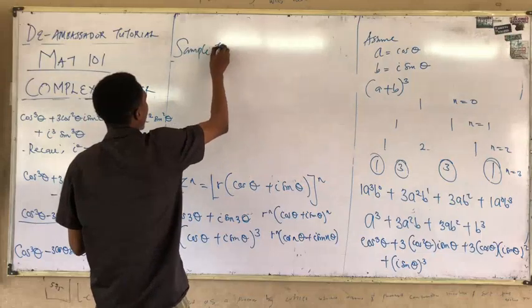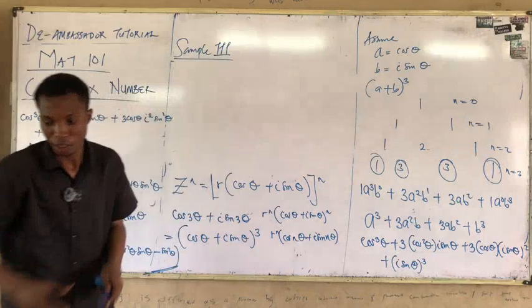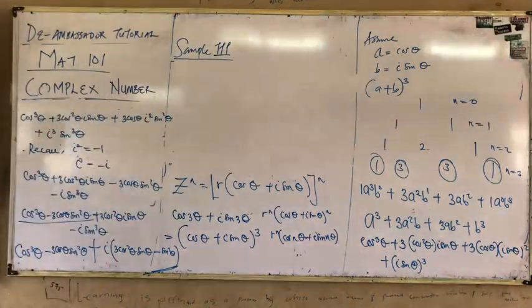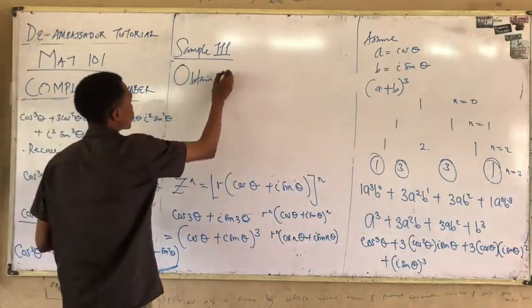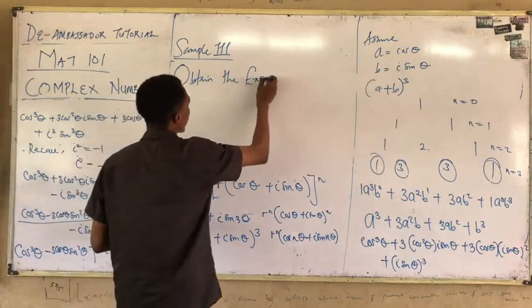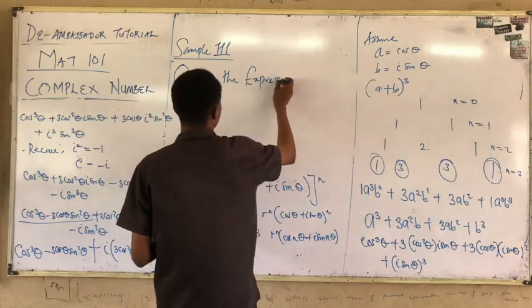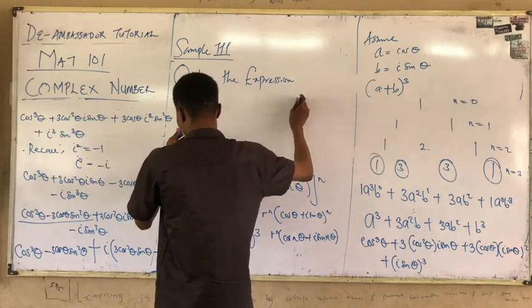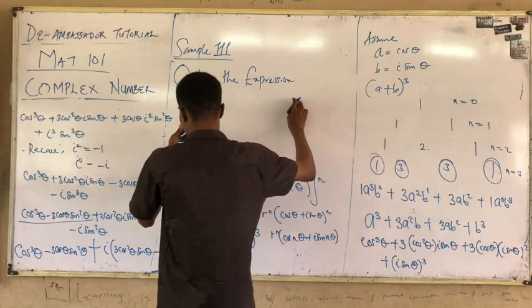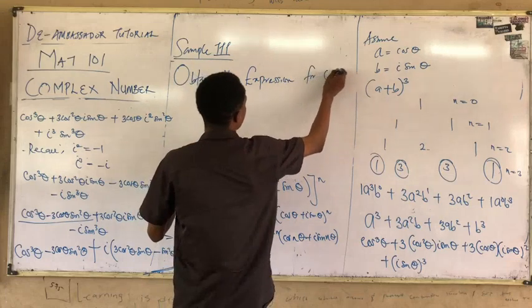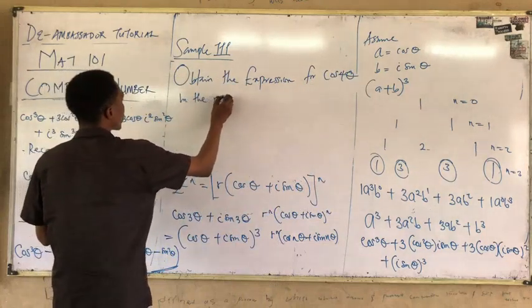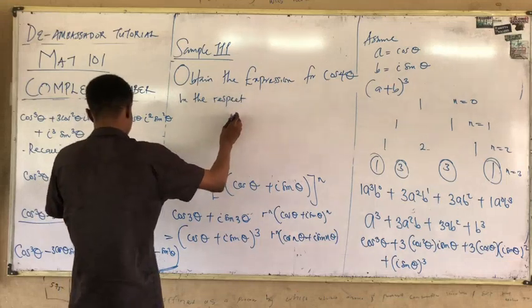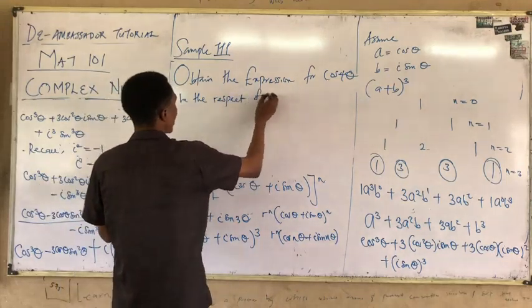Sample 3. Now, this one is a little bit tricky. Obtain the expression for cos 4 theta in respect of cos theta.